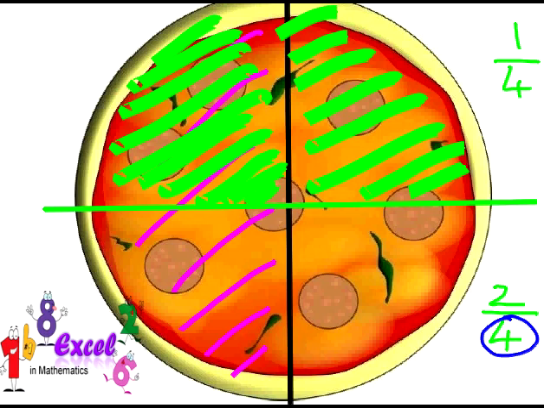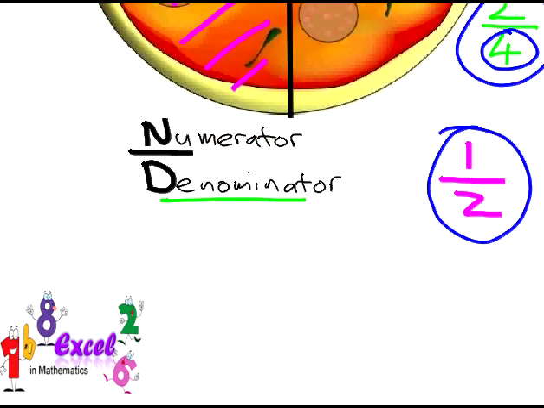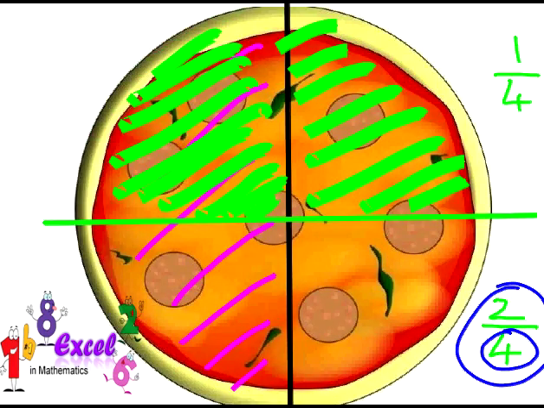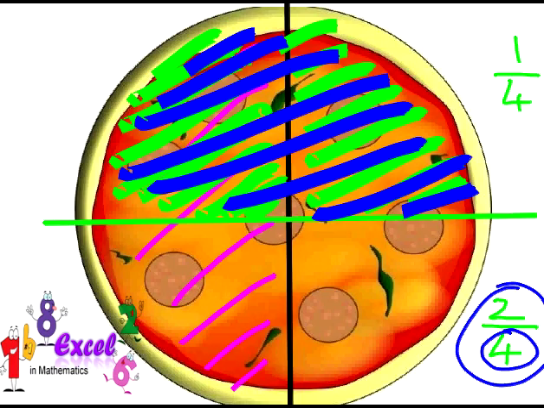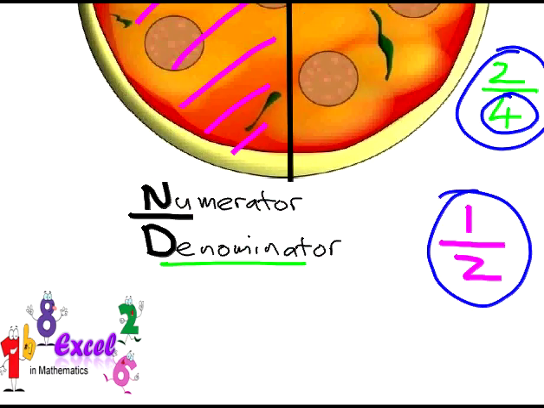Because if you look at this now, we've taken 2 of the 4 pieces that we've eaten, but that is actually the same as that. Just look at that very carefully. We have taken that, which is 1/2 of the pizza. And it was the same as if we only divided the pizza into 2 parts originally, and we've eaten 1 of those 2 parts.